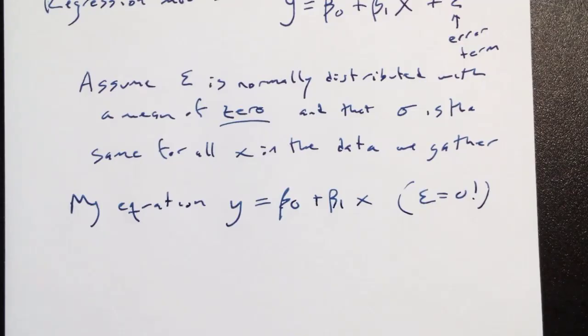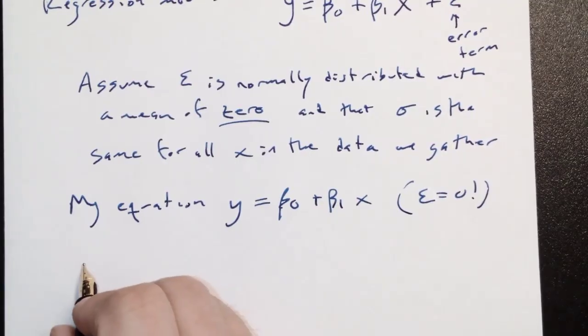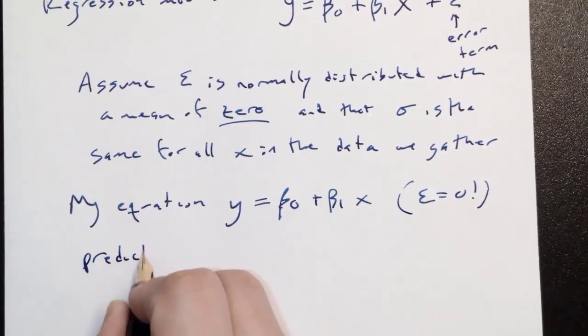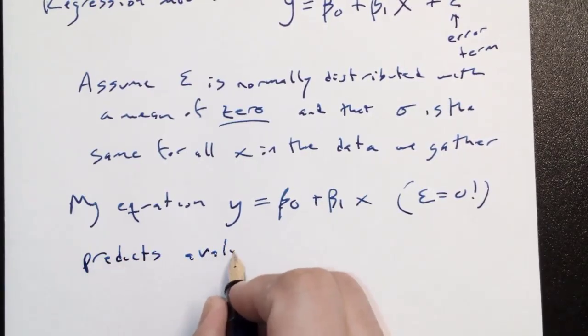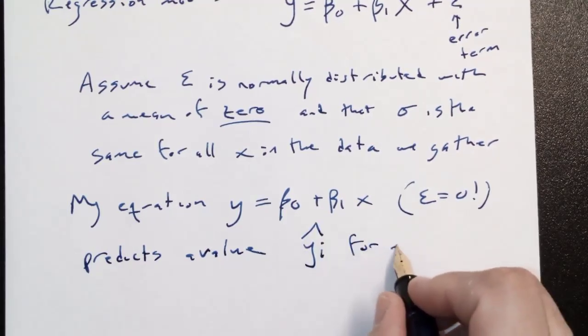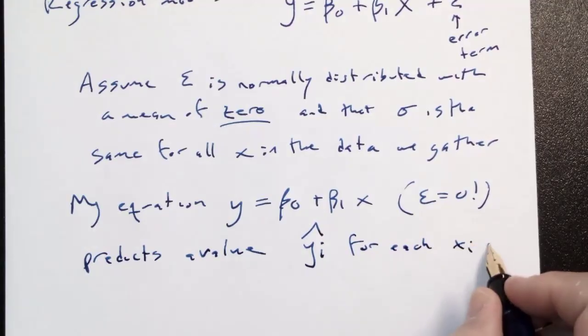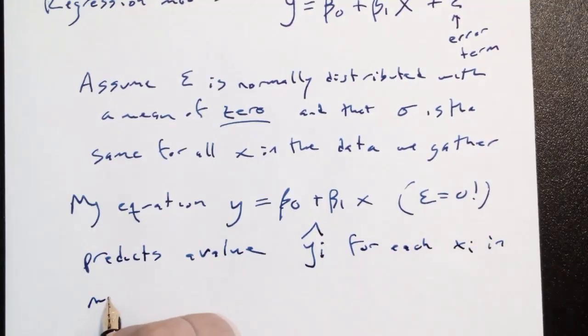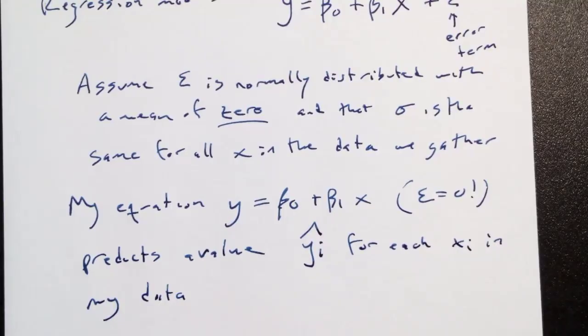I'm assuming that that error is 0. And I get a predicted value, yi hat, for each xi in my data. So I gathered all the actual data.